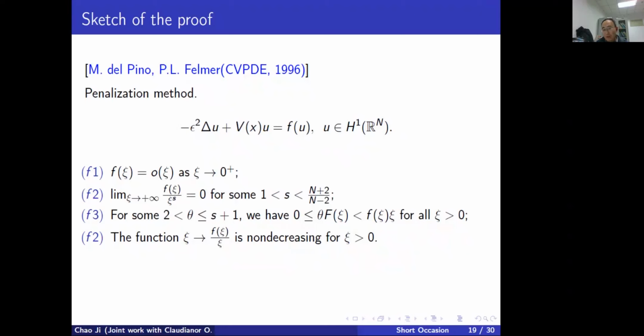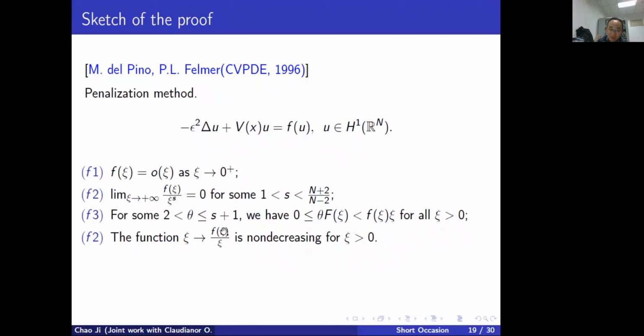So that's a big question. They assume f of t equals little o of t as t goes to 0. This assumption means that f has a subcritical growth as t goes to infinity. This is the AR condition.